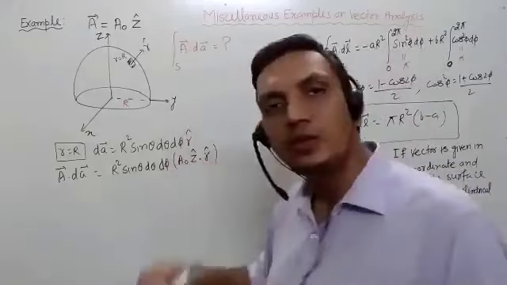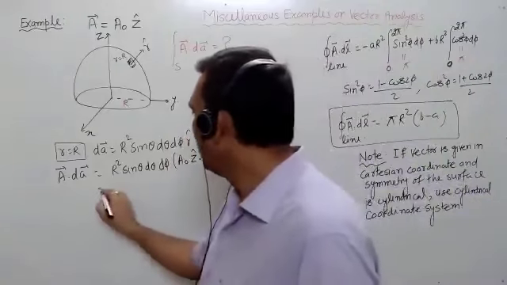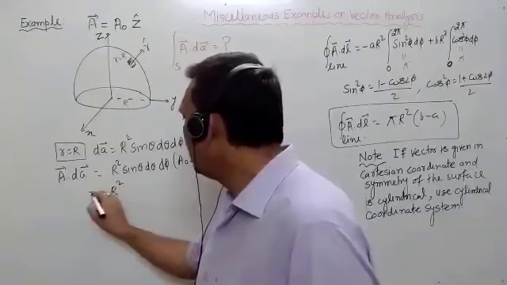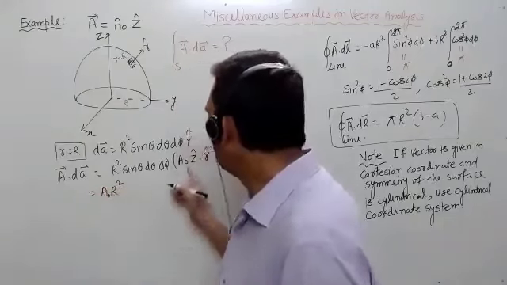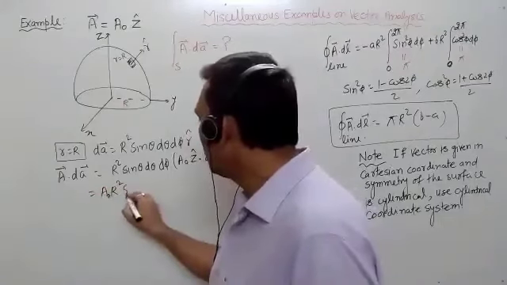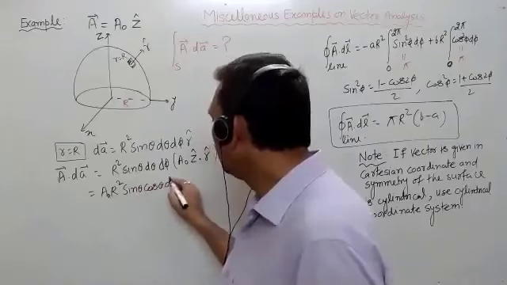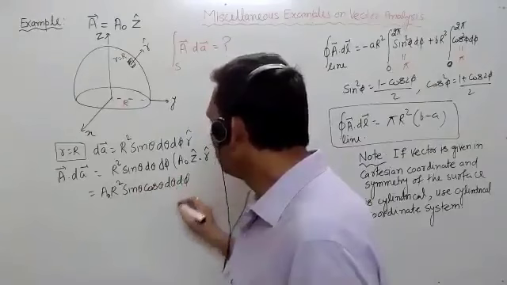So convert this into spherical symmetry. We will get A naught R square, and Z dot R cap is cos theta. So this is sine theta cos theta d theta d phi.